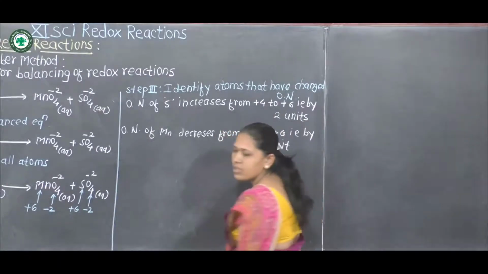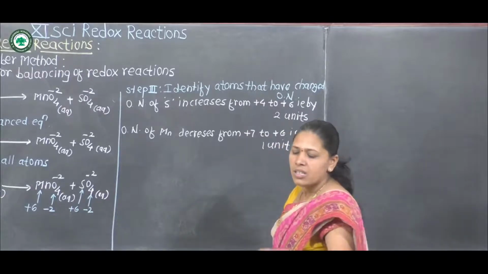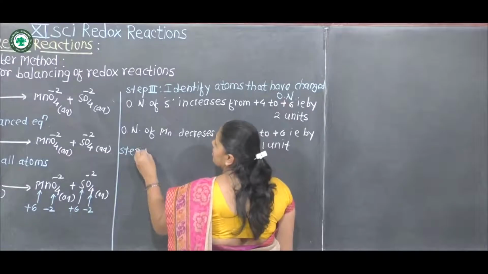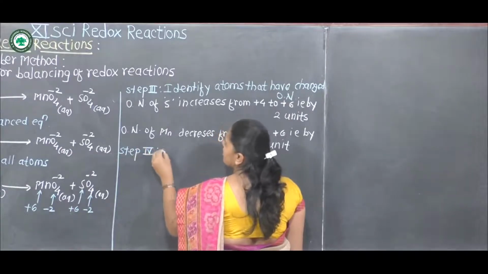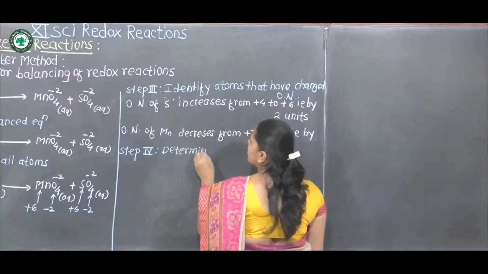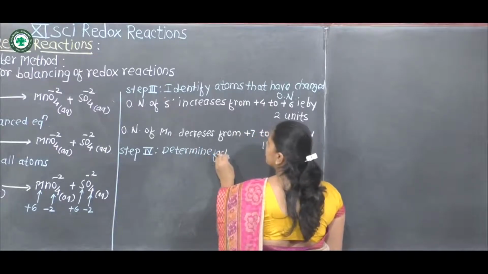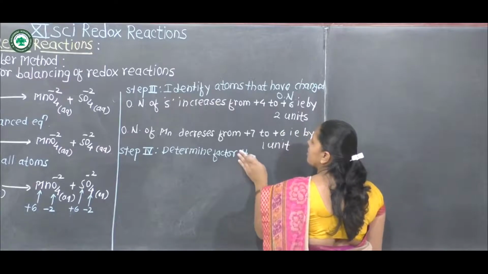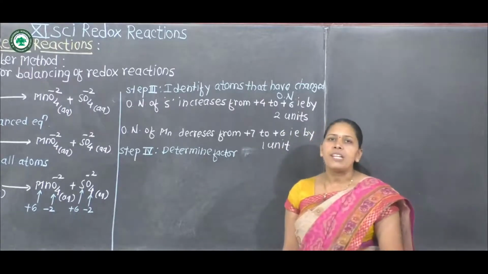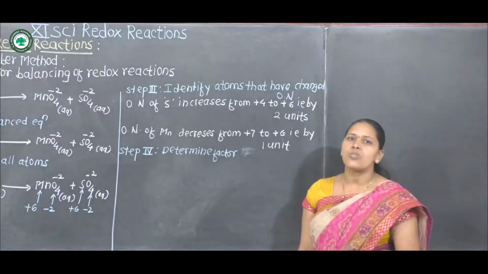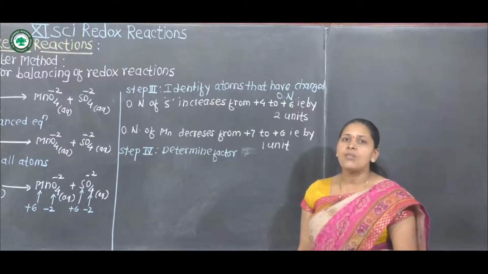Step 4. Determine factor that will make total increase in oxidation number and total decrease in oxidation number equal.